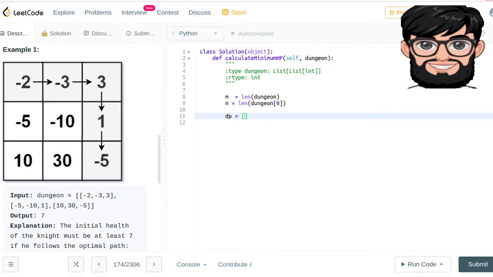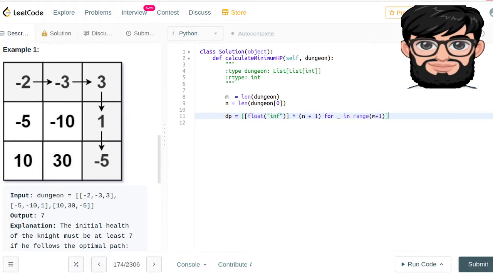For that, we'll take float infinity multiplied by n plus 1, for everything in the range of m plus 1. So basically this is going to generate an m plus 1 cross n plus 1 matrix with the values of infinity.